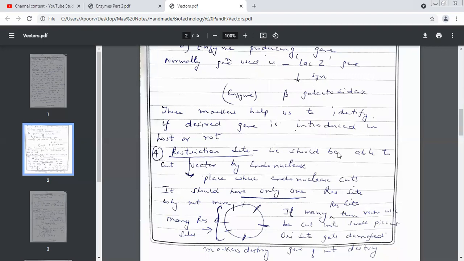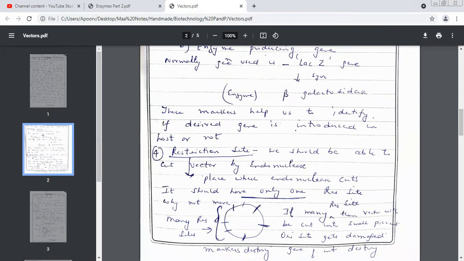Which gene did I take? LAC-Z gene. And after that, it produces beta galactosidase. So if the organism contains this enzyme, this is a marker or a representative. It shows that yes, the genes are able to enter the host cell.